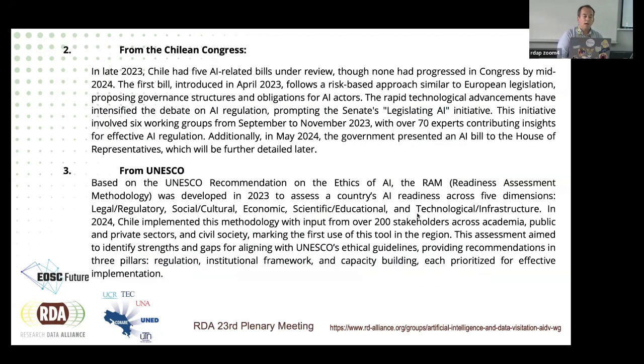governance. On the other side, we have the Chilean Congress. In late 2023, Chile had 5 AI-related bills under review, though none had progressed in Congress by mid-2024. The first bill, introduced in April 2023, follows a risk-based approach similar to the European legislation, proposing governance structures and obligations for AI actors.